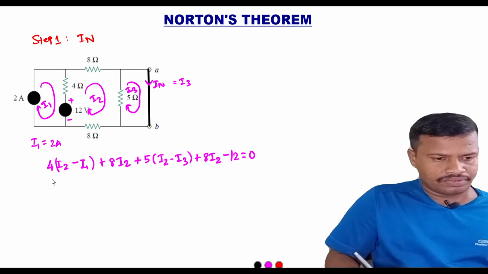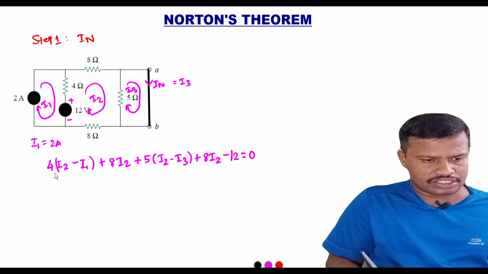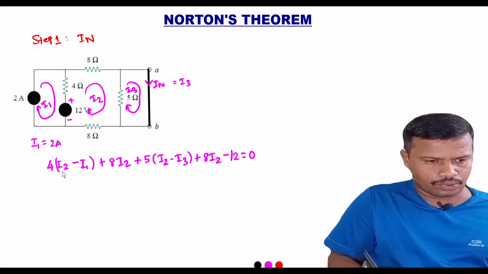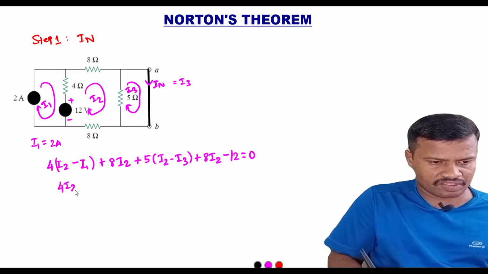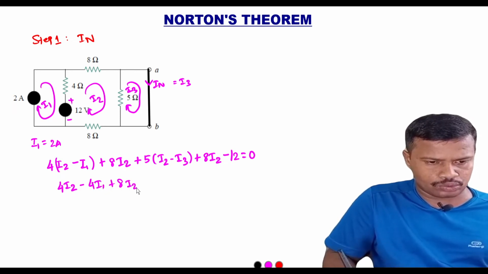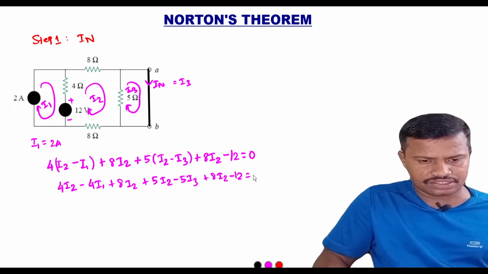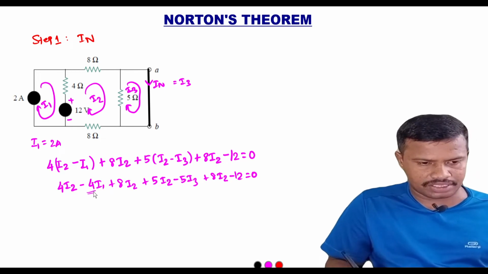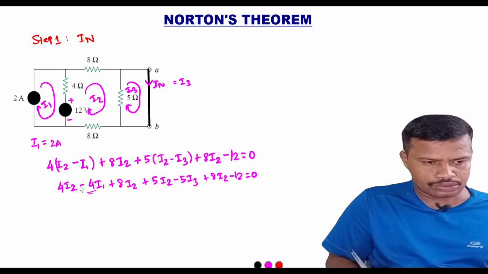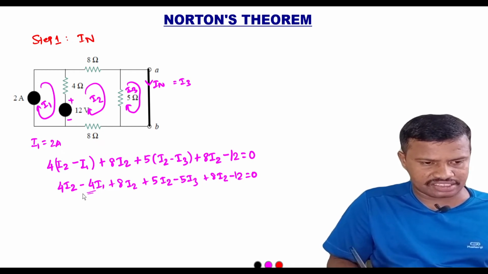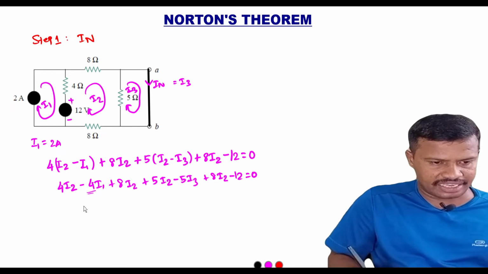Next we will simplify this equation. On simplification we get 4I2 minus 4I1 plus 8I2 plus 5I2 minus 5I3 plus 8I2 minus 12 is equal to 0. Now in this equation we apply I1 is equal to 2 amps and simplify. When we apply I1 is equal to 2, this term becomes minus 8.